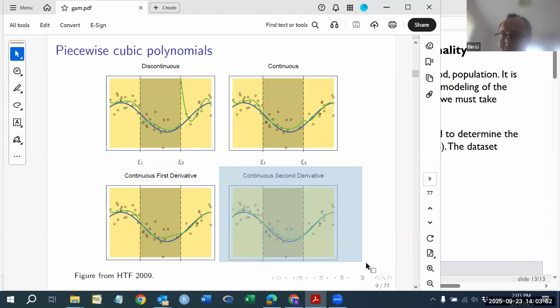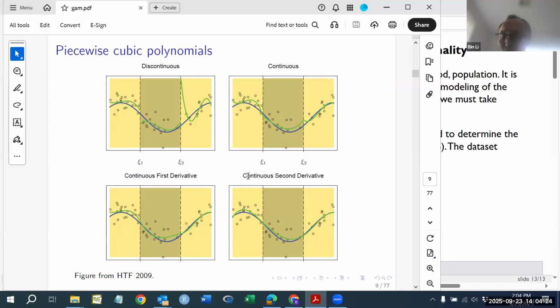In other words, this second order continuous function is the simplest function that we can have where human eyes cannot see any discontinuity. If we take a third order derivative, this function is not continuous, but most people cannot recognize that discontinuity. So that's why we stopped here.